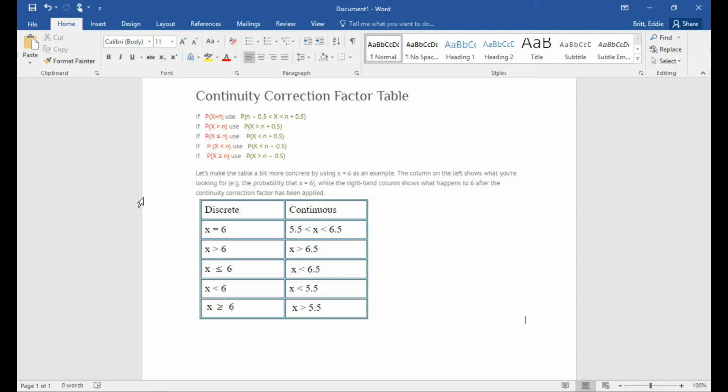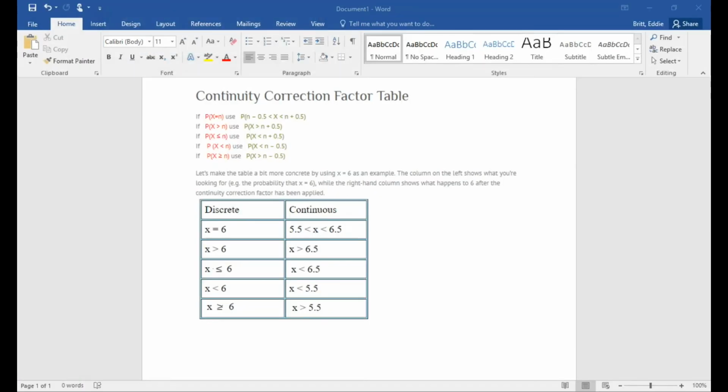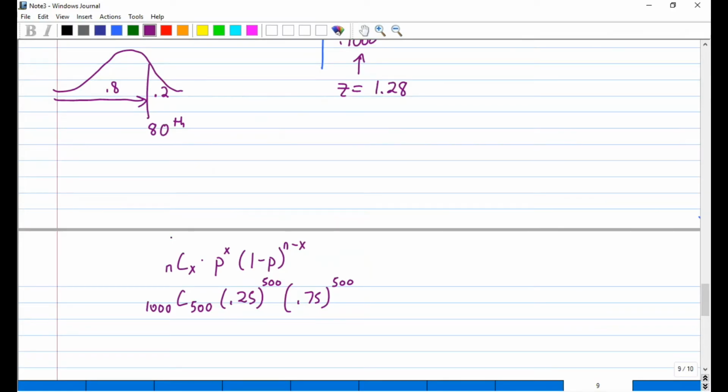So, let me pull up a problem really quick. Here's one, and we're not going to do this one. Don't write this down. But your book goes through a problem where I use these values right here.